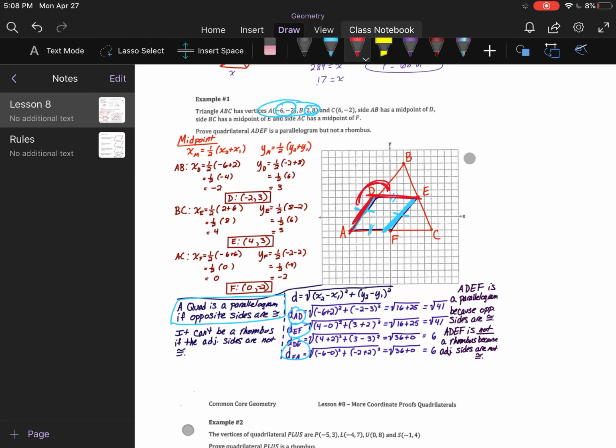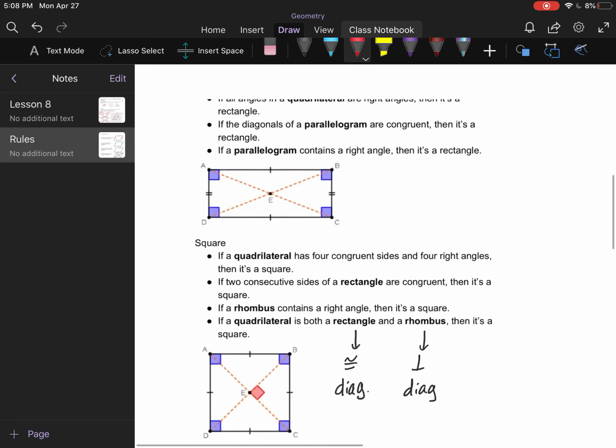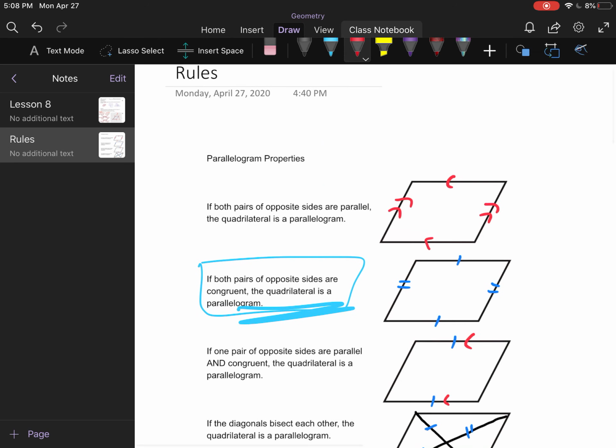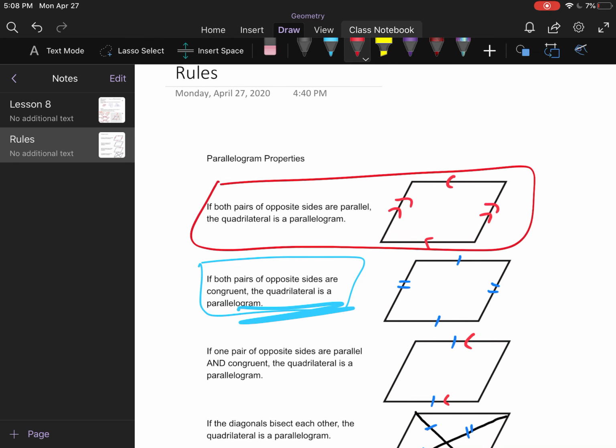The reason I chose the distance formula to prove it's a parallelogram is because that helped us solve the rhombus question as well. If you wanted to do one of the other ones, like say you found out it was a parallelogram by doing slope, and you said that they were all parallel, that's fine to prove that it's a parallelogram.